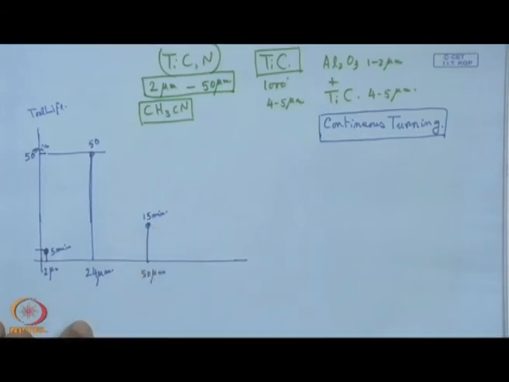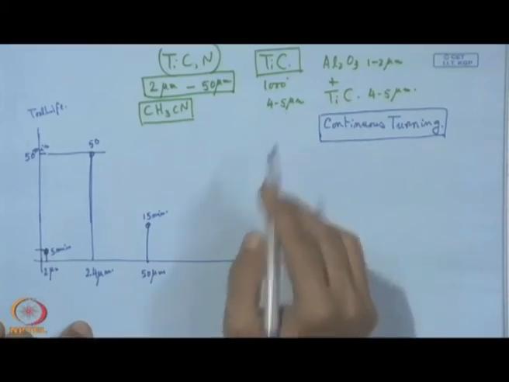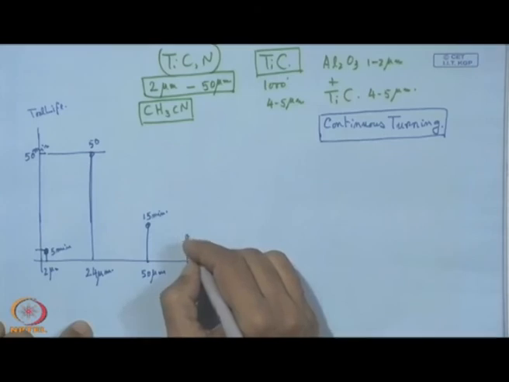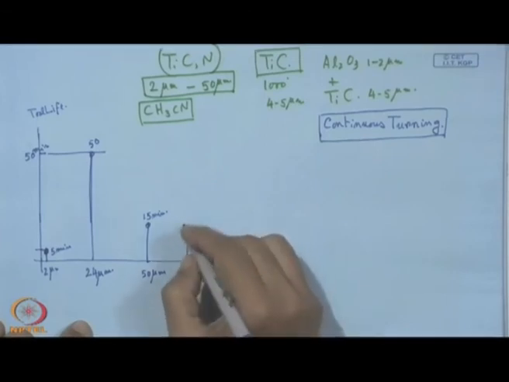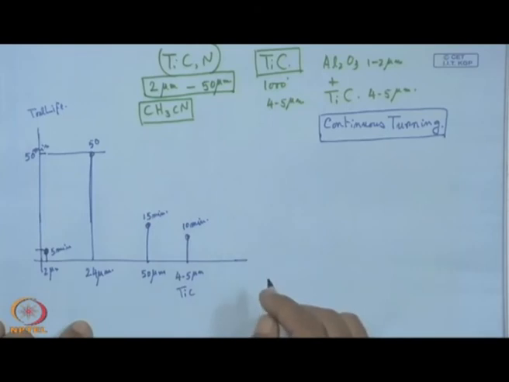But when we put a 4 to 5 micron coating of TiC, its life is just 10 minutes.